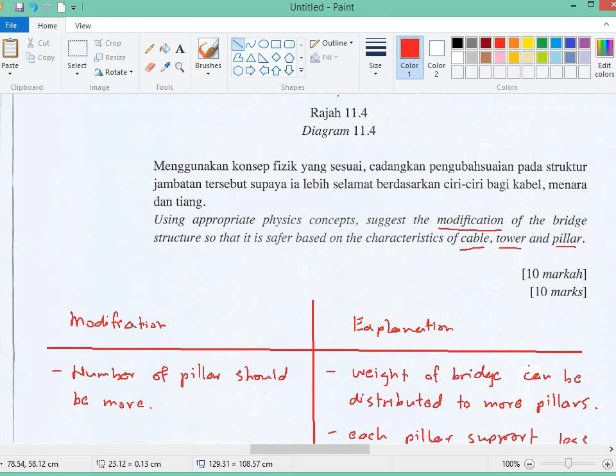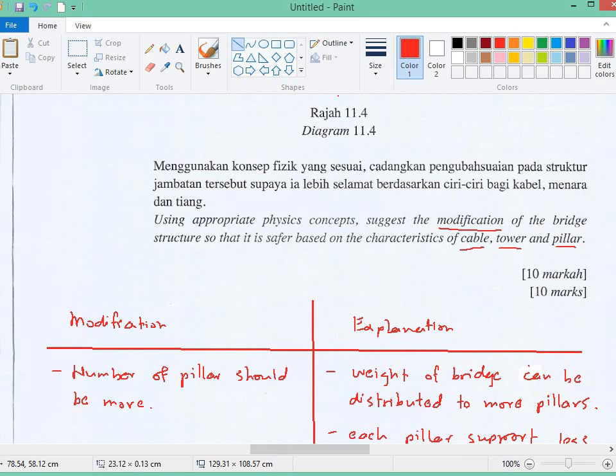If you say pillars made from concrete, you can also say strong. Pillars made from stainless steel, also can. You can also say strong, or that it will not rust when exposed to water. There are a lot of things you can say, like that.